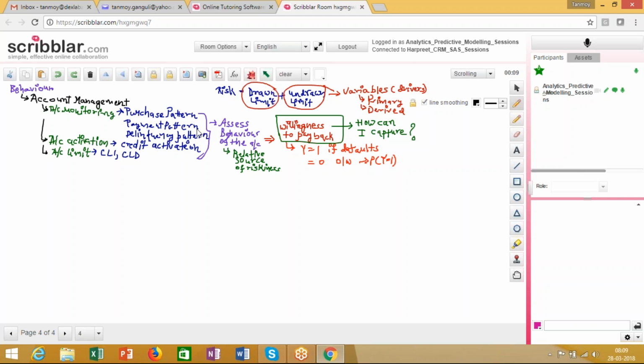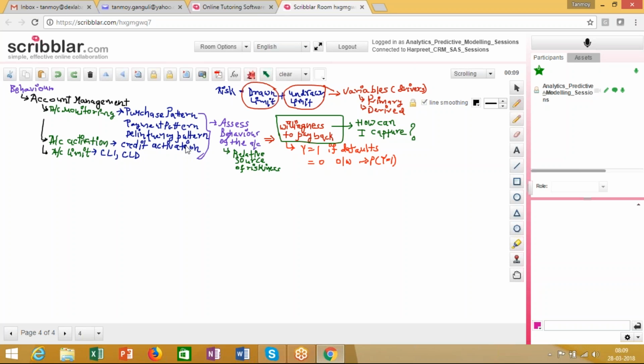That is where account activation comes in. It is also part of the account management strategy team to understand why a particular account is inactive, and what treatments or incentives I can give this person so that he starts using his card.